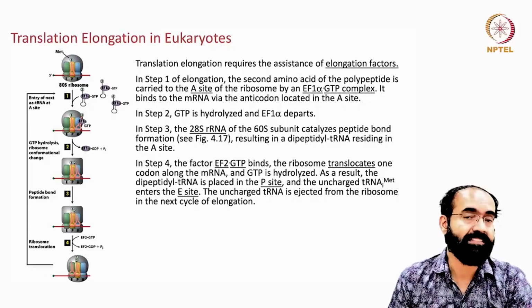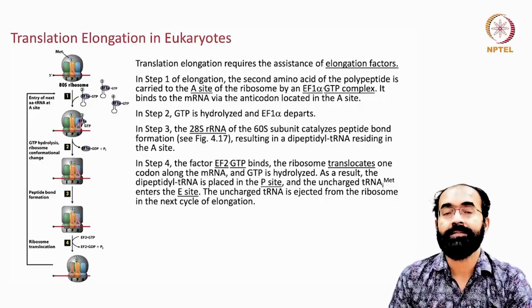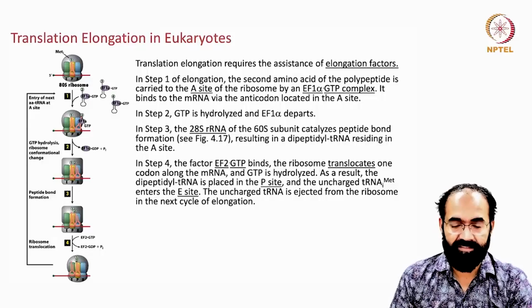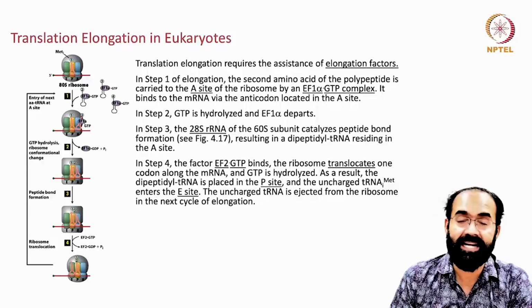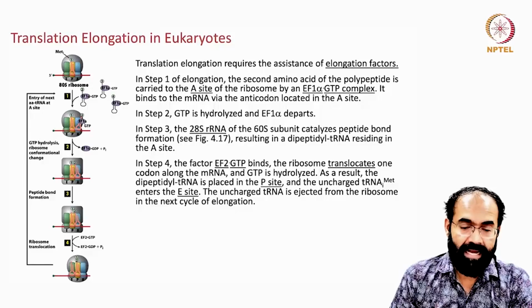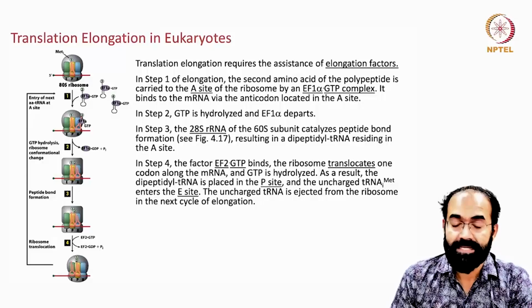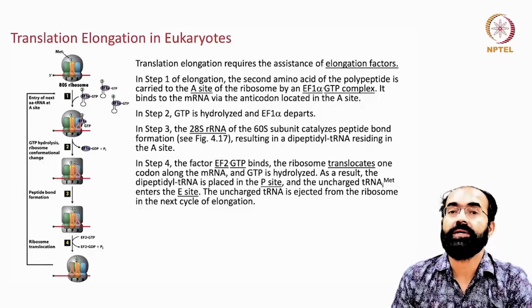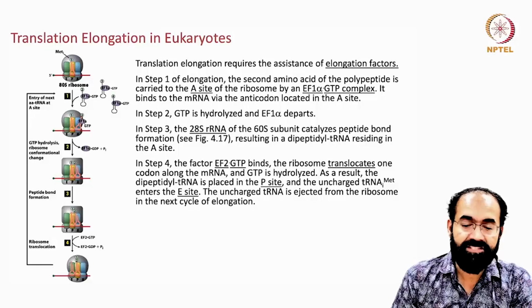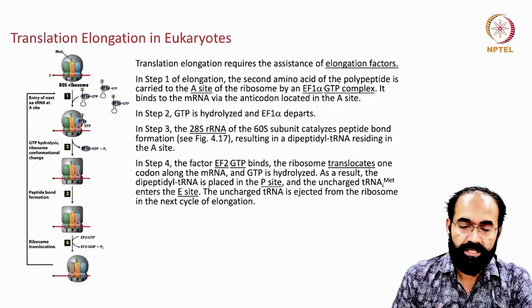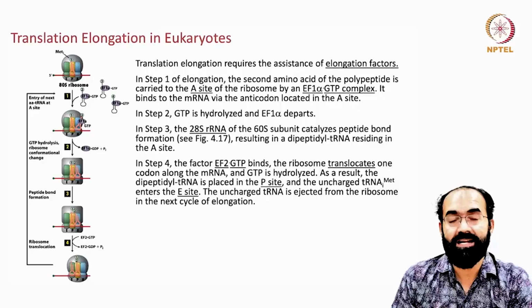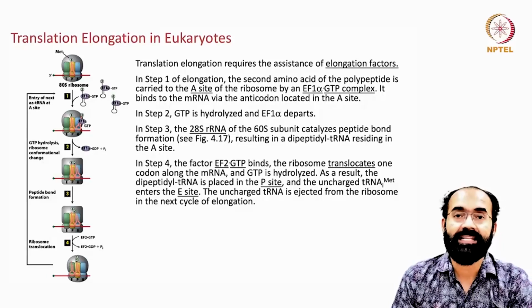That means, as I gave the example, methionine and alanine, dipeptidyl tRNA residing at the A site, and in step 4 the factor EF2 GTP binds the ribosome, translocates one codon along the mRNA, and the GTP is hydrolyzed. So as a result, the dipeptidyl tRNA is placed in the P site.